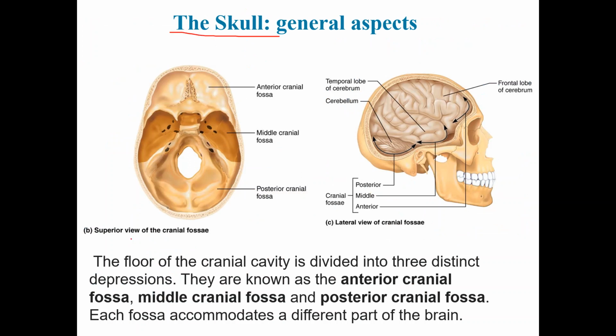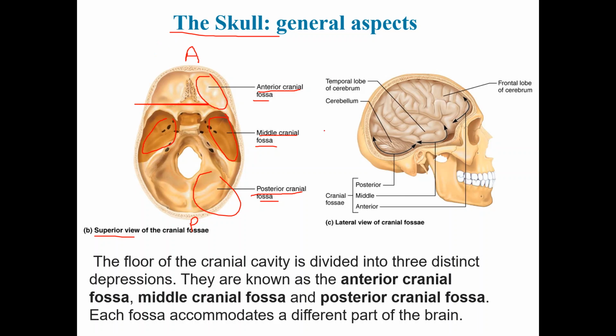Generally, we can recognize general features in the skull. If we take a superior view of the cranium and cut it in a cross section, we can appreciate depressions. Three sets of depressions are present in pairs on each side, known as anterior cranial fossa, middle cranial fossa, and posterior cranial fossa. This is the posterior portion of the body, and this is the anterior, and that's why they're named that way.